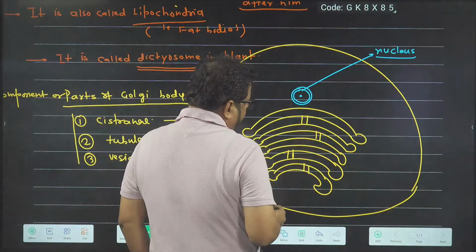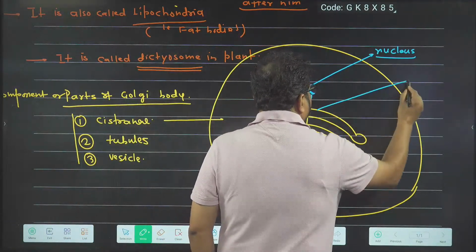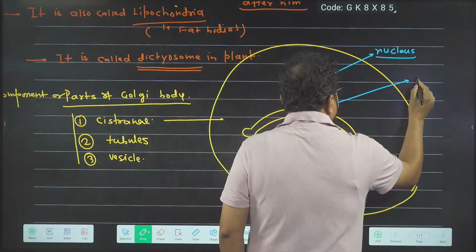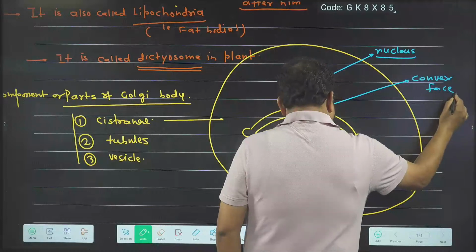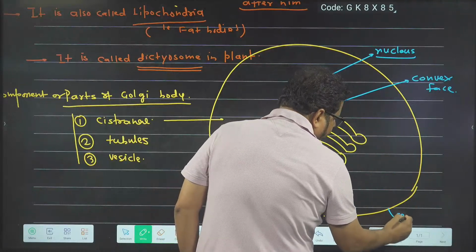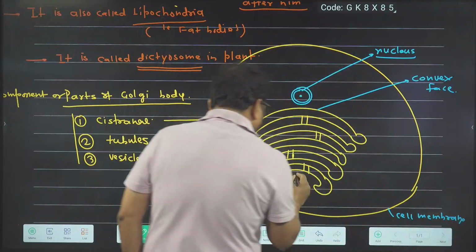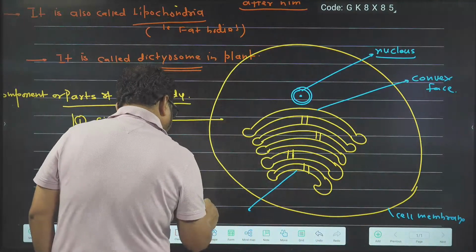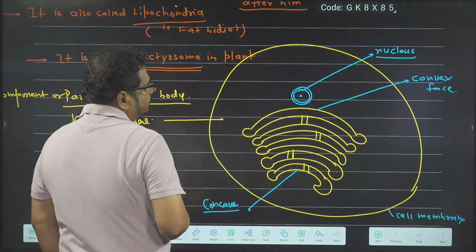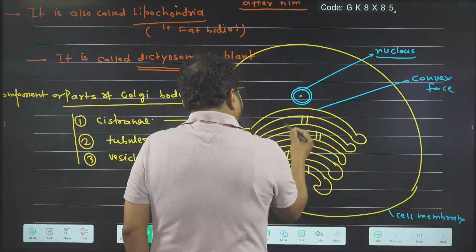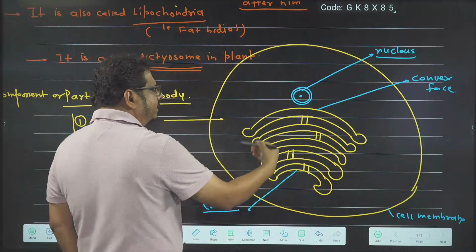What you are finding is concentrically arranged flattened structures connected to each other, arranged with a polarity. Toward the nucleus, is it a convex or concave face? Convex face. And toward the cell membrane, it is the concave face. It looks like a ring-like structure.